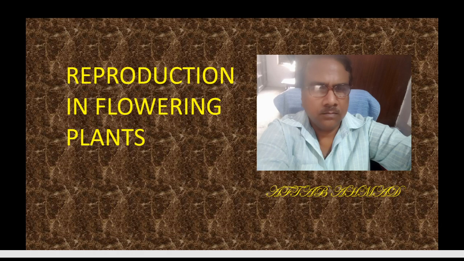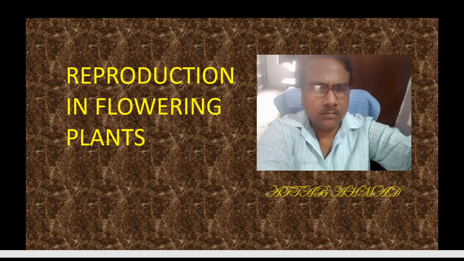Radicle elongates and forms a root system in the plant, while shoot elongates in the form of shoot system. Shoot system comprises stem, branches, leaves and different types of buds.